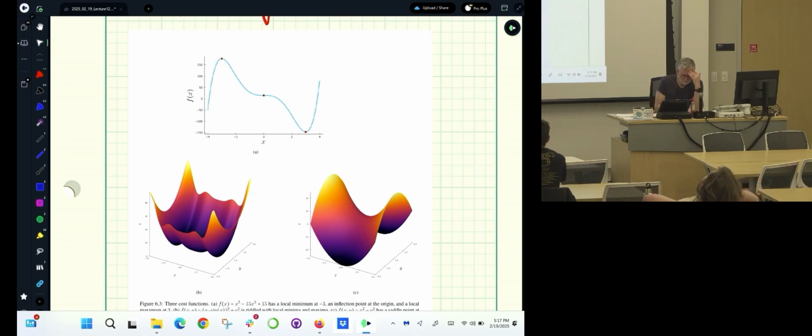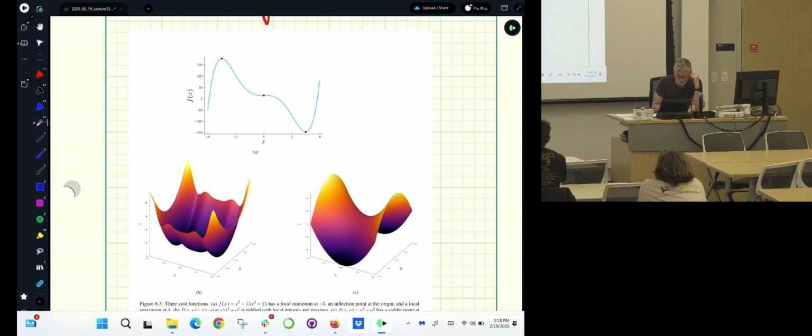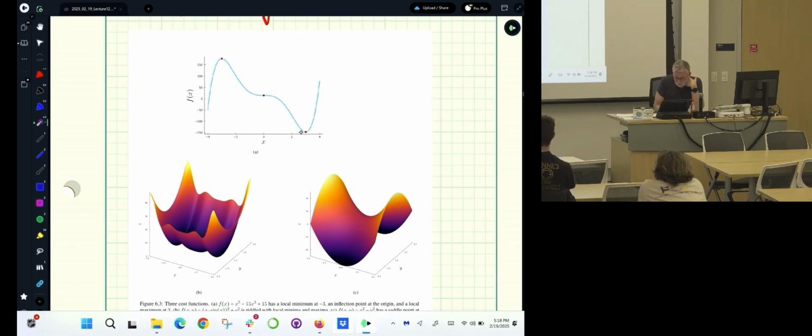Okay, so in a typical calculus course like Math 115, you probably looked at minimization of functions that depended upon a scalar. So this would be a local minimum.